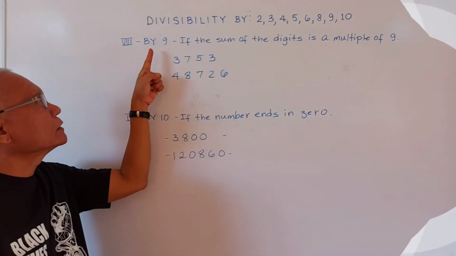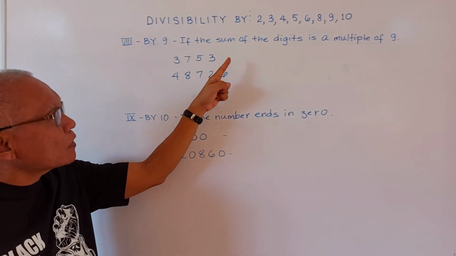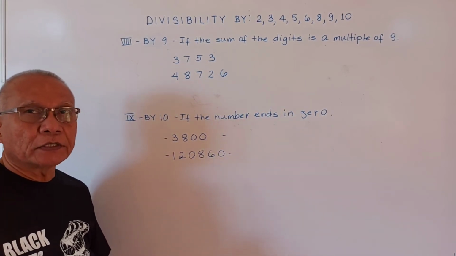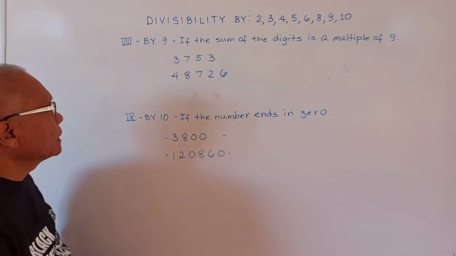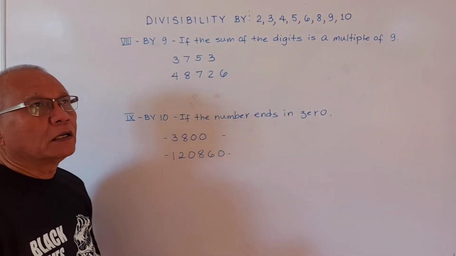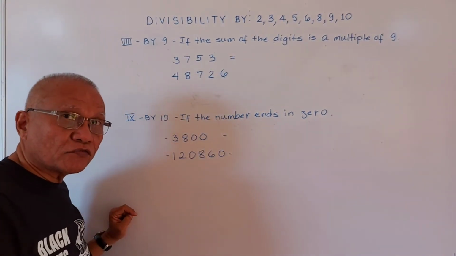Okay, number 8, by 9. So, if the sum of the digits is a multiple of 9, that number is divisible by 9. Okay, let's have this one. 3,753. We add the digits. After that one, we are going to divide it by 9.